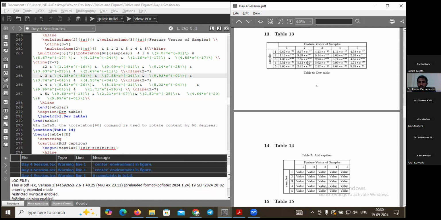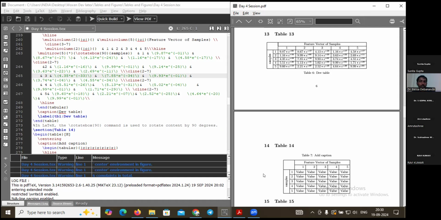Yes, actually for the text you want, if you write the samples in the horizontal way, it will consume more space. For that convenience, I want the samples vertical. That's why I have written \rotatebox with 90 degrees. That means it is rotated, which is why the samples are coming vertically.